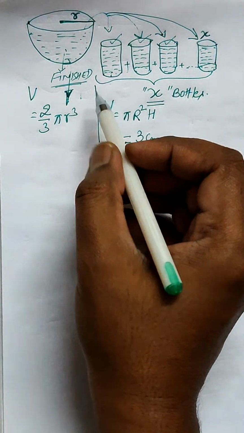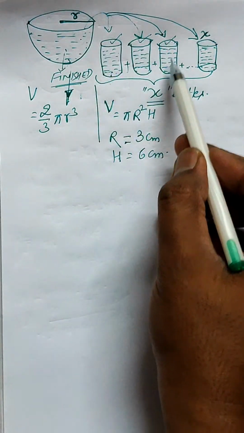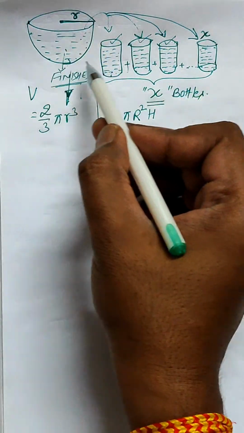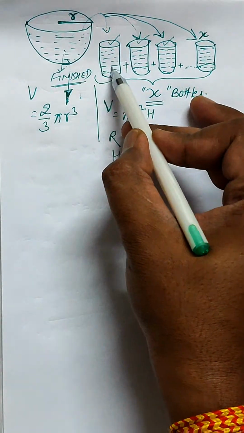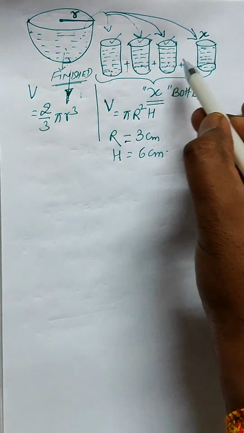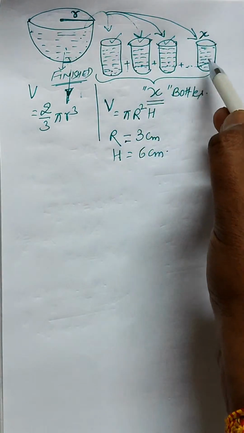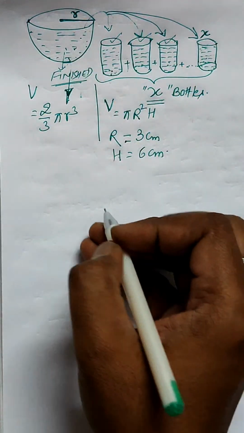As we discussed, the liquid from this bowl is poured into all such bottles. So the volume of the liquid present in this bowl will be equal to all the liquid present in these bottles. When you add up all these volumes, they will be equal to the volume of this hemispherical bowl.